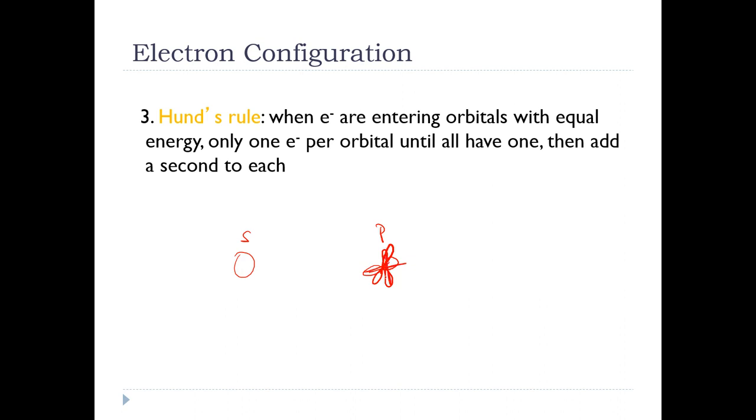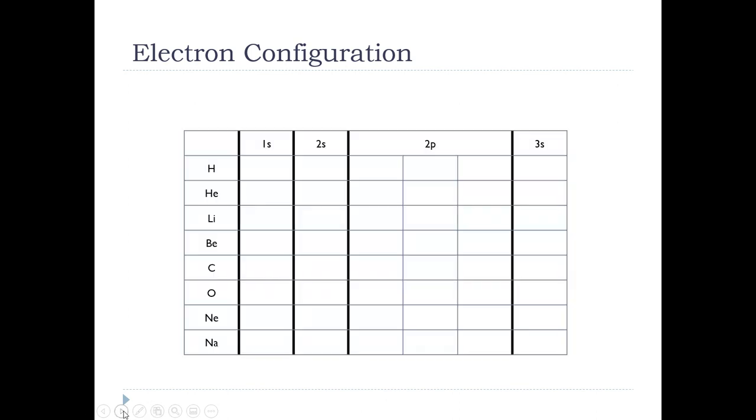And so there's actually 1, 2, 3 different p orbitals in each sublevel. So that means that those p's would all have equal energy. And so we're only going to put 1 electron here, 1 electron here, 1 electron here. And then once each of those 3 have 1, we'll add the other one, the other one, the other one. Hund's rule, it's weird. It'll make more sense, I promise, when we do the practice problems.